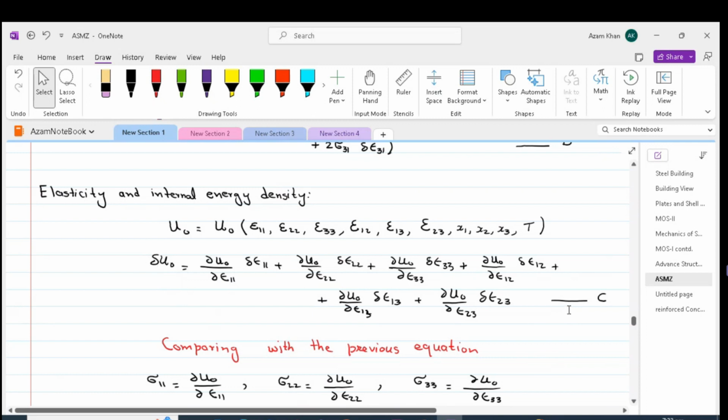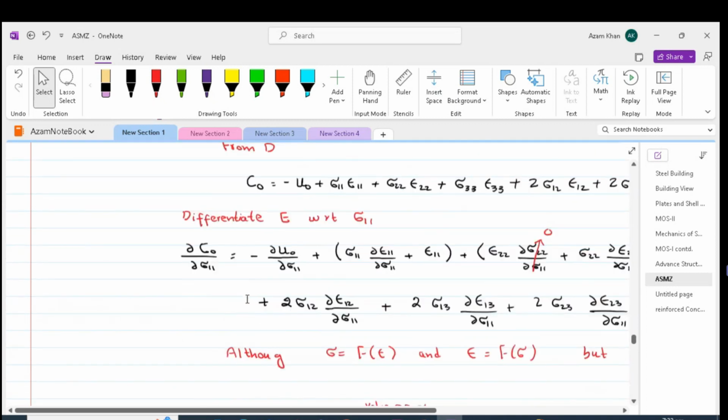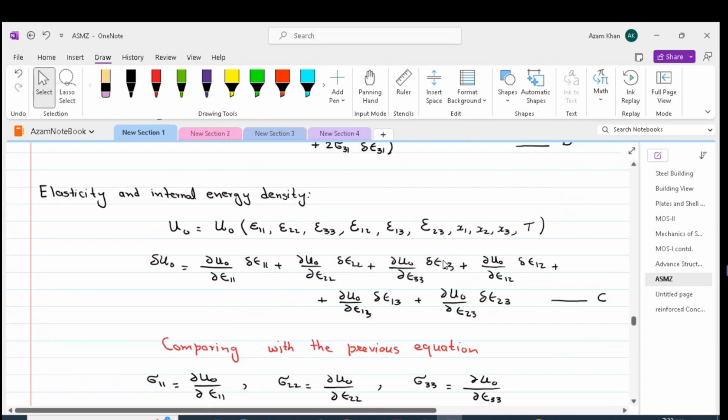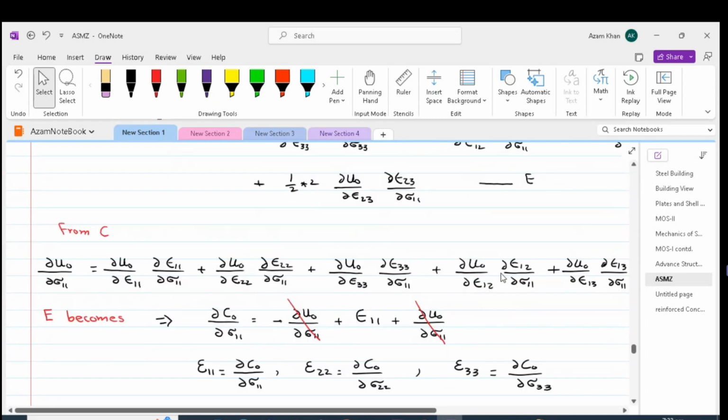If we take the partial differential of this expression, we will get partial u naught by partial sigma 11 equal to partial u naught by partial epsilon 11 into partial epsilon 11 by partial sigma 11. So all these variations can be converted into partial differentiation with respect to sigma 11, and that expression has been written over here.